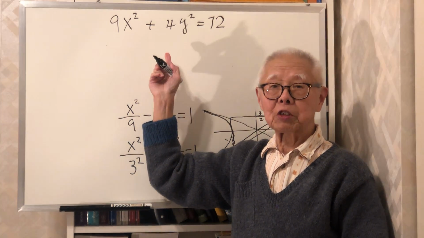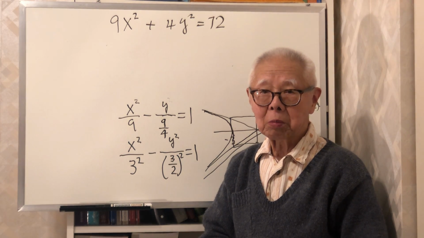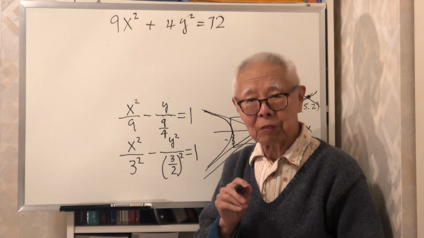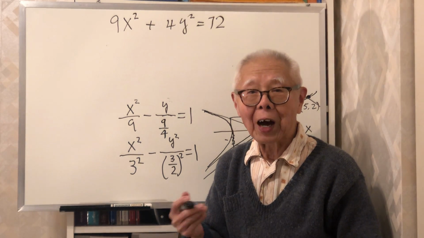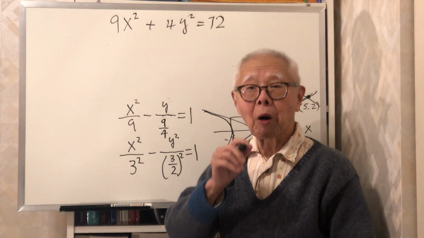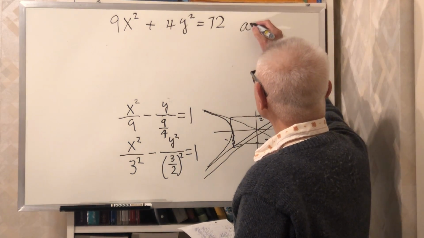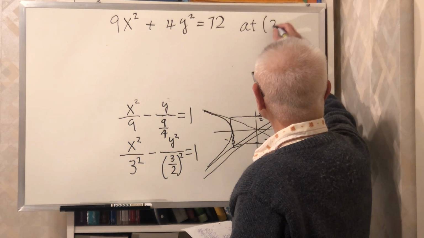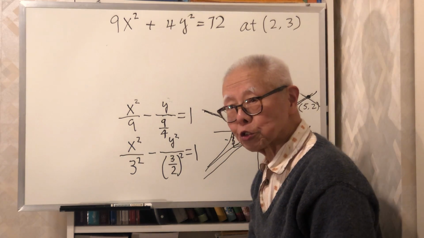So this is the function given, and like the last example, we do implicit differentiation to find the derivative, or to find the slope of the tangent. The given point is 2, 3.